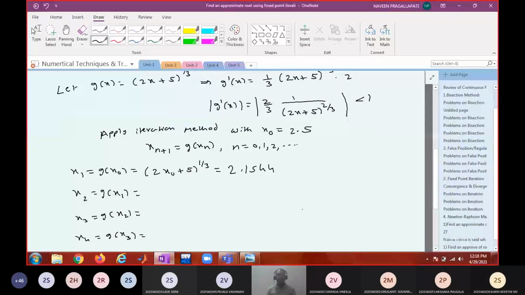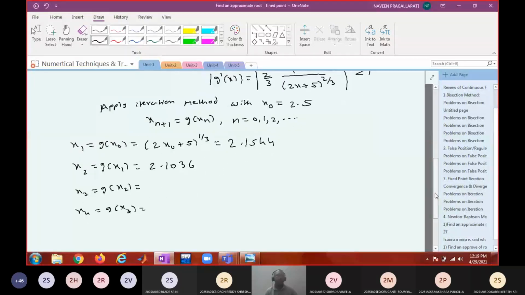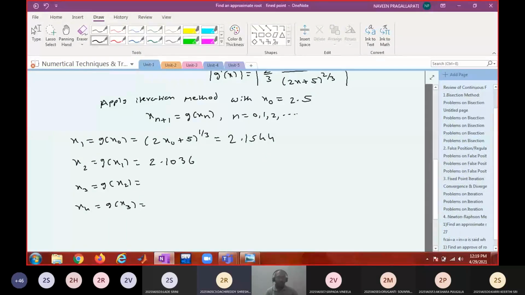Using x1 you find out x2. 2.1036. Using x2 find out x3. 2.0959. x4. 2.0948.